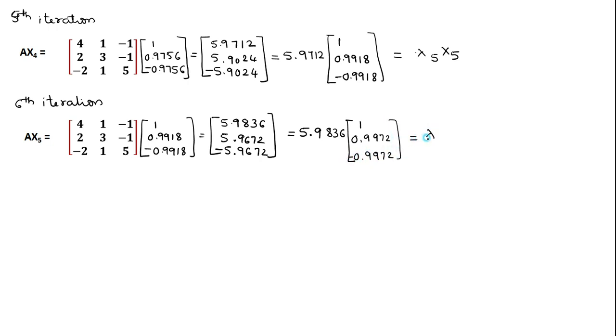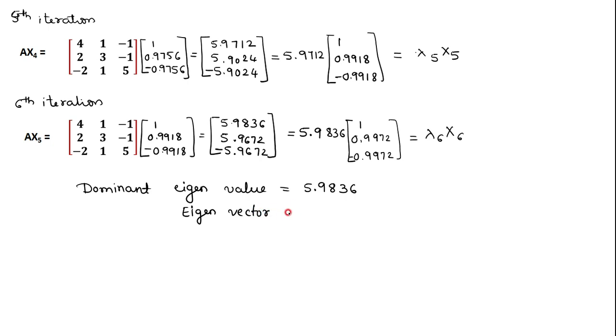So this is of the form lambda 6 x6. After the sixth iteration, the dominant eigenvalue is 5.9836 and the eigenvector corresponding to this is 1, 0.9972, minus 0.9972. It's a column matrix, so here I will write the transpose.